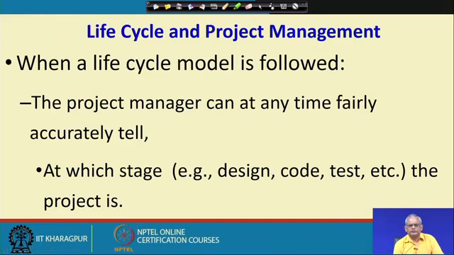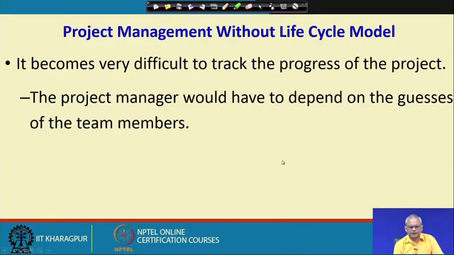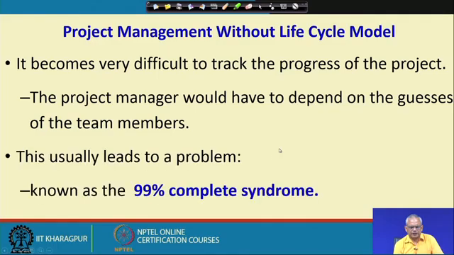If we do not have such milestones, then the project manager is at a loss and does not know how far the project has progressed. He can just ask the team members how long they think it will take, how far they have completed. But the problem is that the project manager has to rely on the guess of the team members, and programmers are normally very optimistic. They typically say that, see, it is almost done.